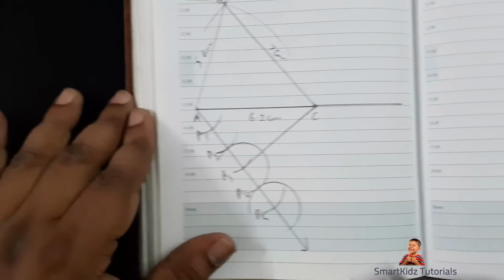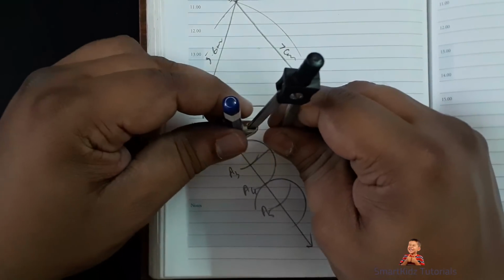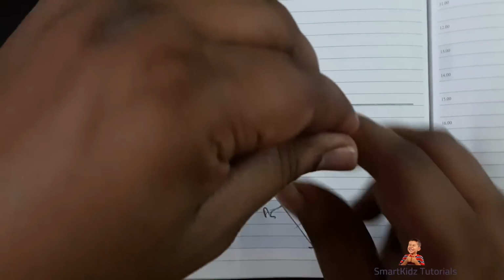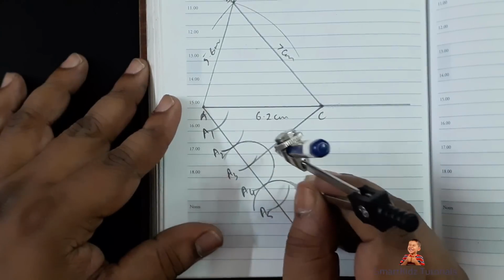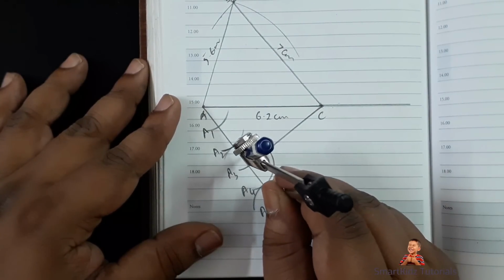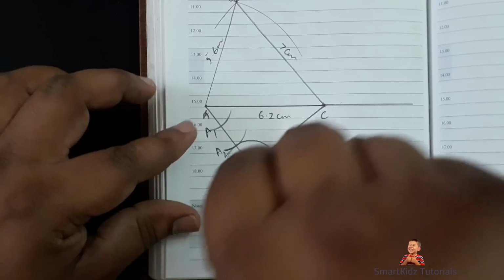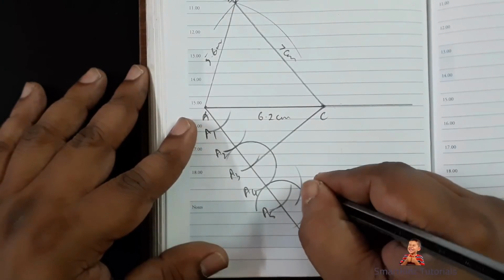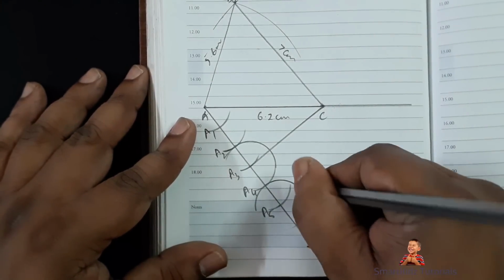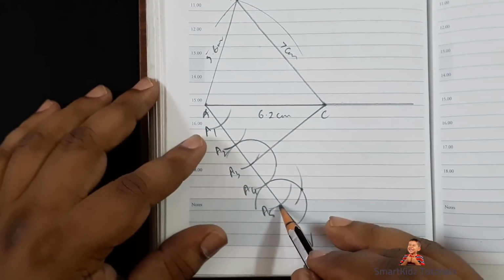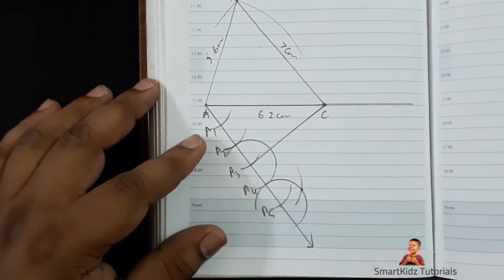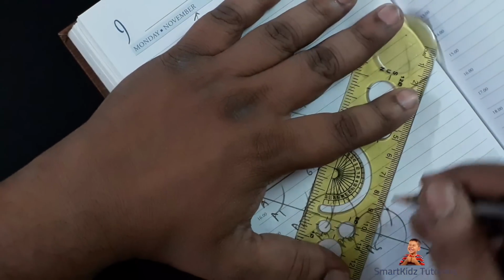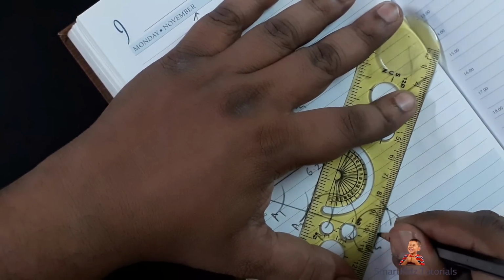Now we measure this arc here, and where this arc cuts this line here, I'm going to cut this arc. There you go. Wherever these two arcs are cutting each other, I'm going to draw a line passing from A5, passing through this point and touching this line. Okay, this line.